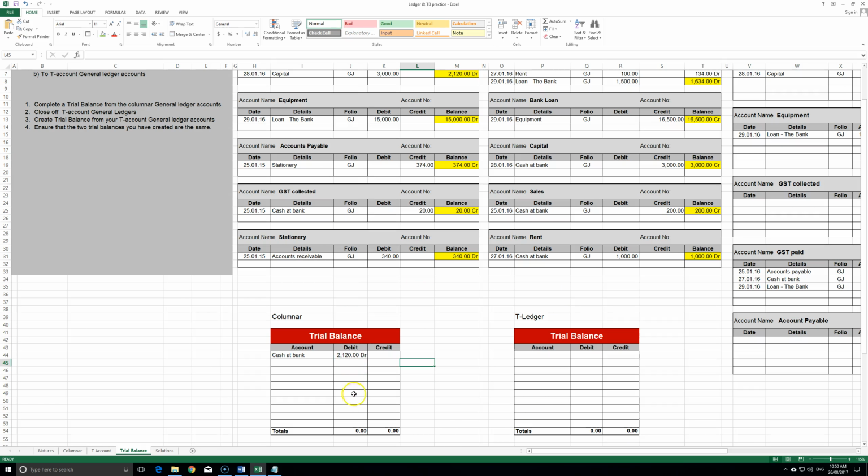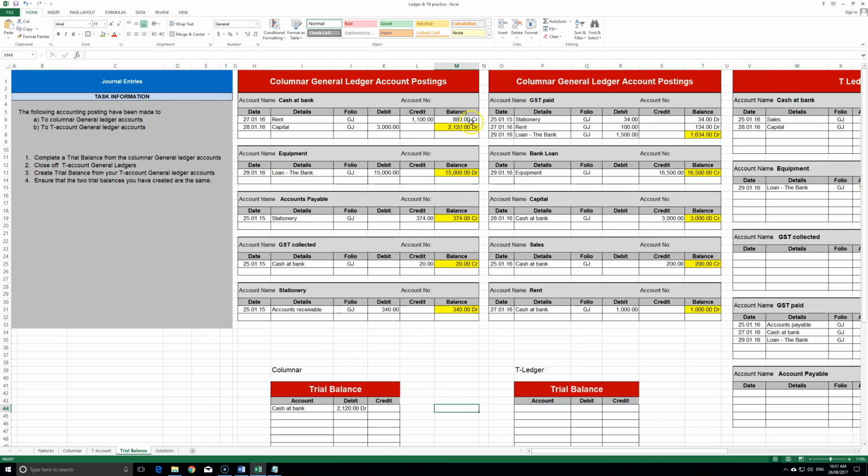The problem with having that as text is if I try to say, let's just times this by 10, it's not going to work because it doesn't recognize this as a number. So ideally, in your answers, you won't have the debit credit thing like this. Instead, you will have it looking more like this. So I've just taken that from the exercise we did back on the columnar tab.